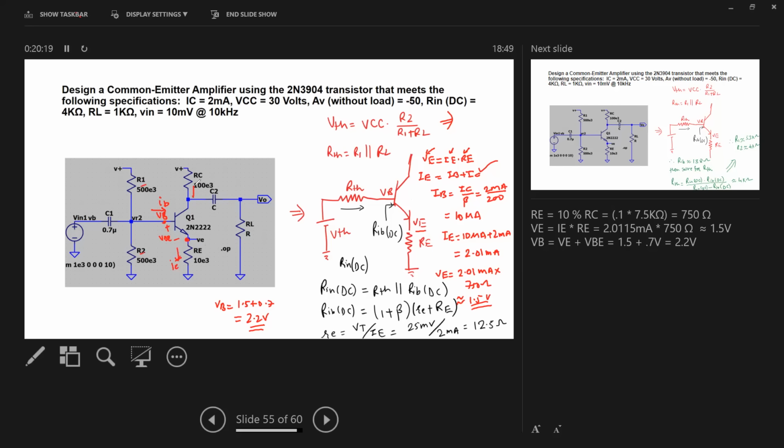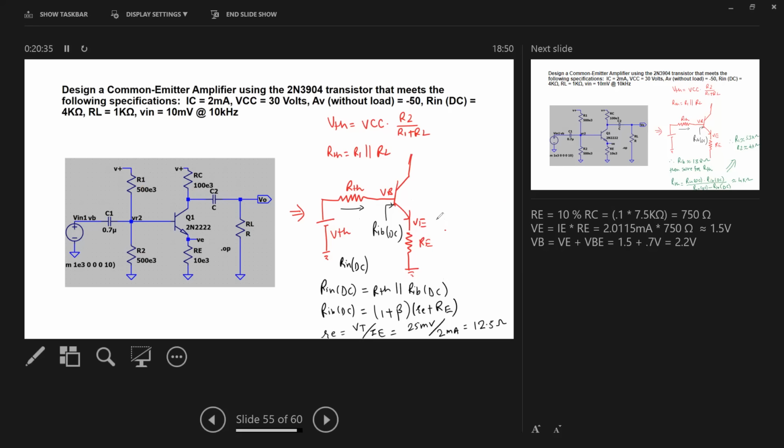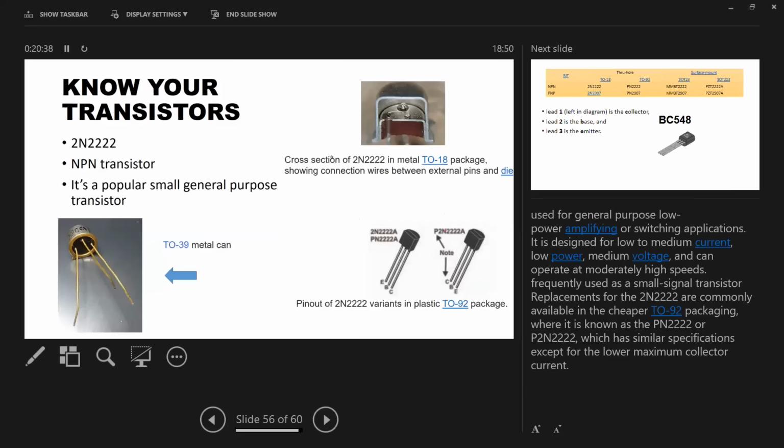I know the value of collector current. I know the value of RC and RE. Now the next step is to get the values of R1 and R2. For that, I need to do some arrangement. So let me clean all this drawing here and let me see how I can choose this.